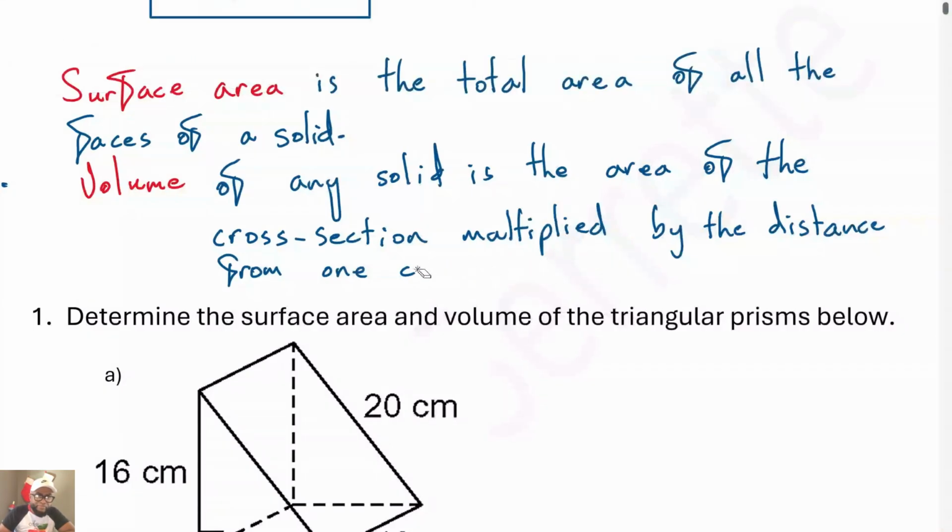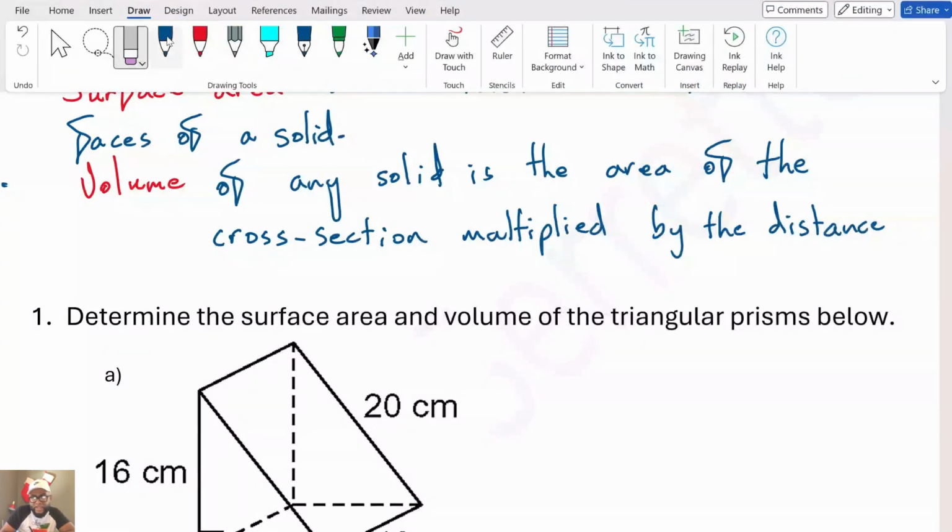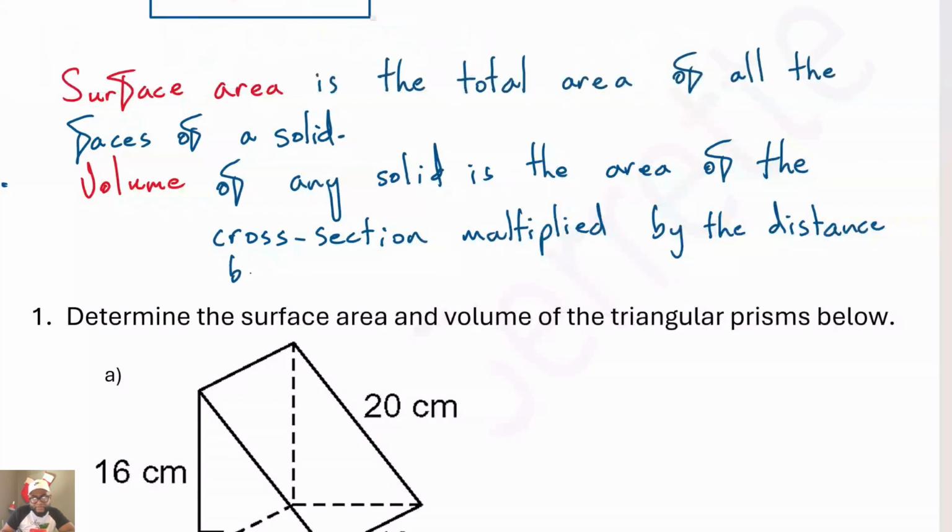Because every uniform solid will have two cross sections, right? So multiply by the distance between the two cross sections. All right?